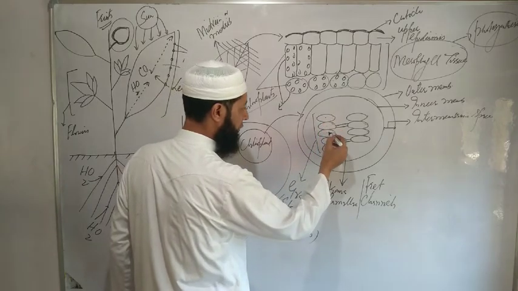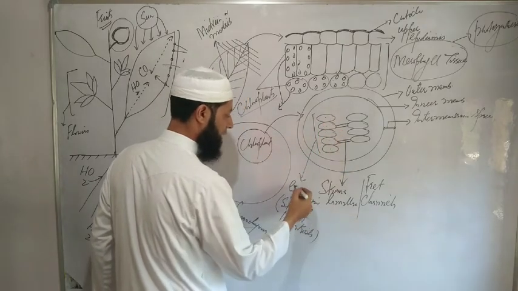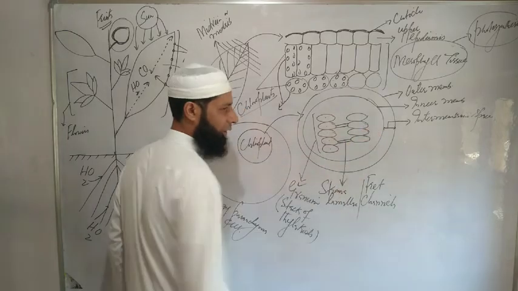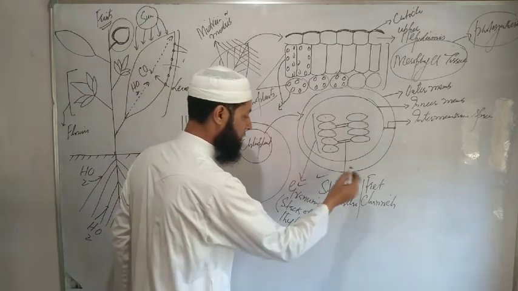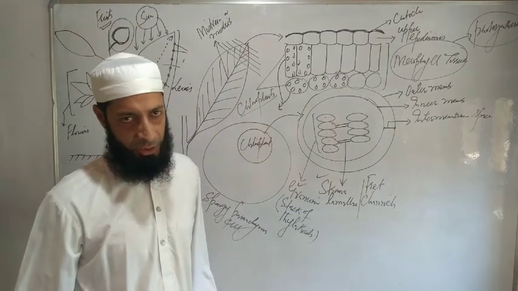Thylakoid, and the whole is called a granum, and there are a number of grana in the chloroplast, and these grana are interconnected by stroma lamellae or thread channels.